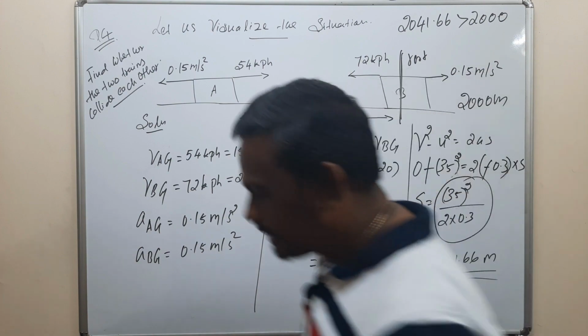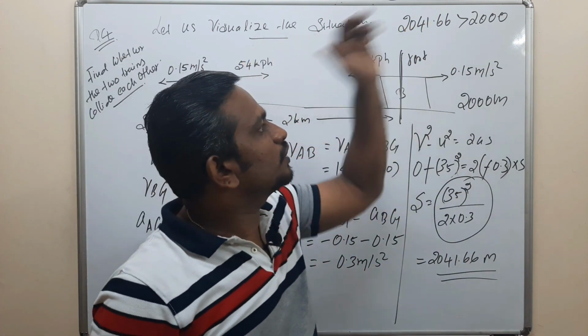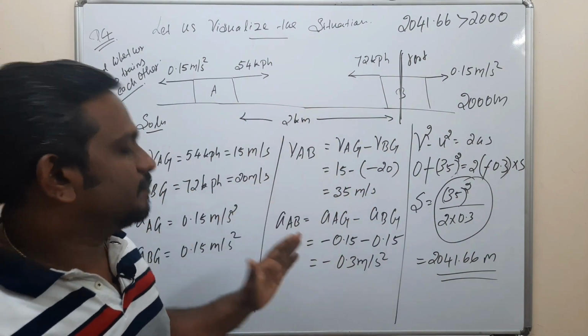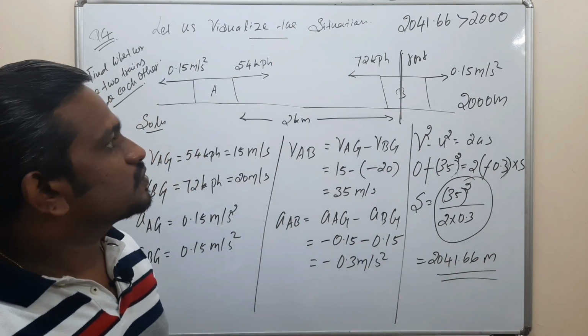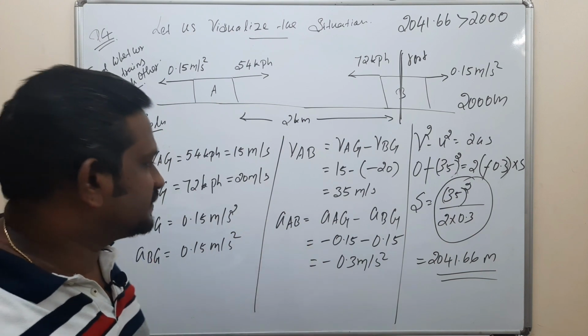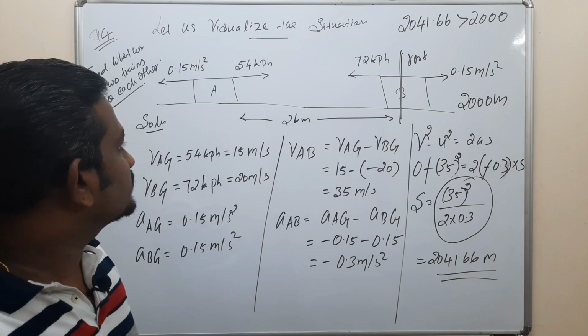So train A comes to rest after traveling 2041.66 meter, which is greater than 2 kilometer, because initially the trains are at a distance of 2 kilometer only. So the trains must collide with each other, the accident must happen. That is the conclusion.